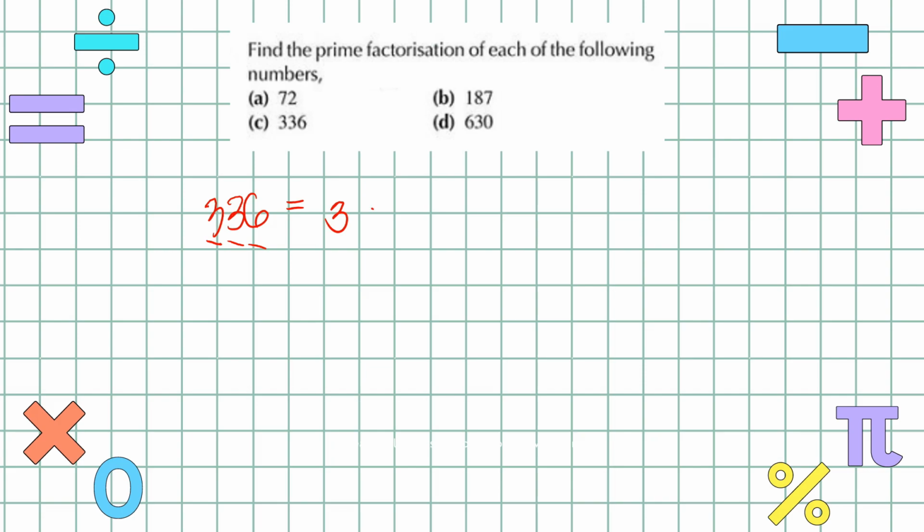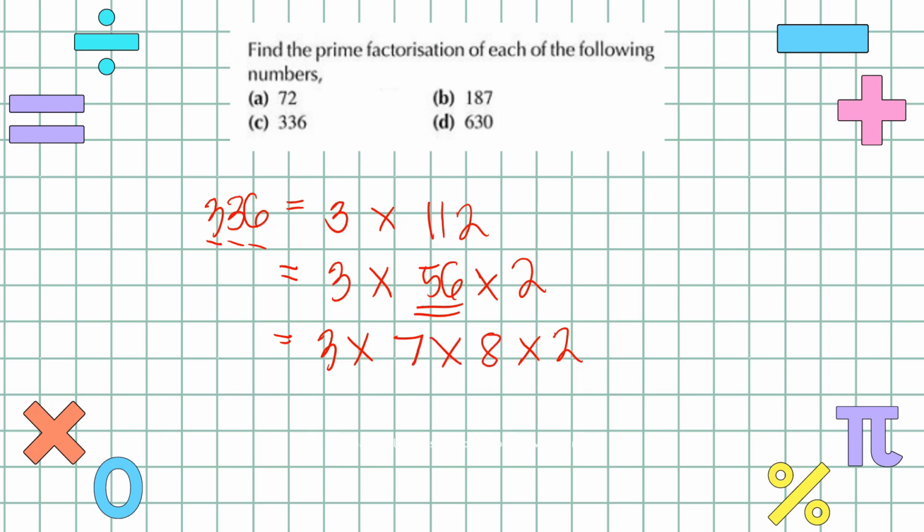So I did 3 times 112, and 112 can be split as 56 times 2. Now this is not yet the end because 56 is not yet a prime number, so we'll continue, copy the others, times 2, and rewrite 56 as 7 times 8.